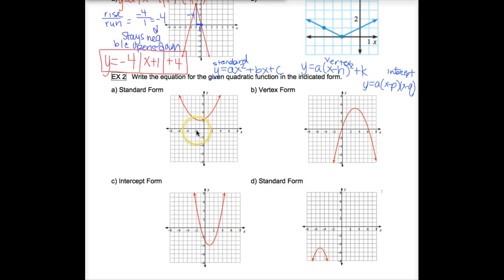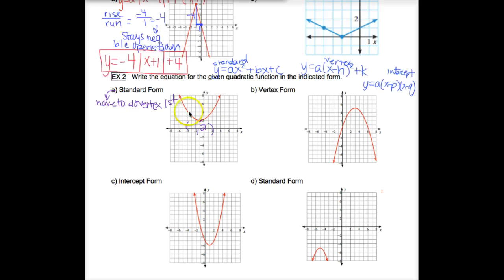Sometimes I use intercept form if I can see very clearly exact intercepts, but most of the time I use vertex form because the vertex is relatively easy to identify. Here's my vertex. My vertex is at -1, +2. I can't go directly to standard form. So I have to do vertex form first.